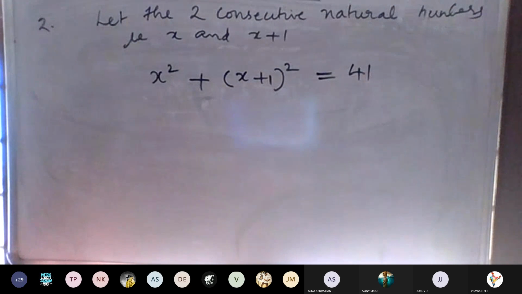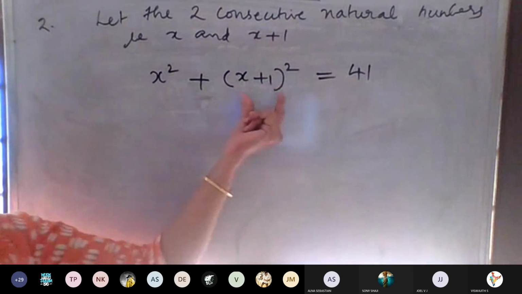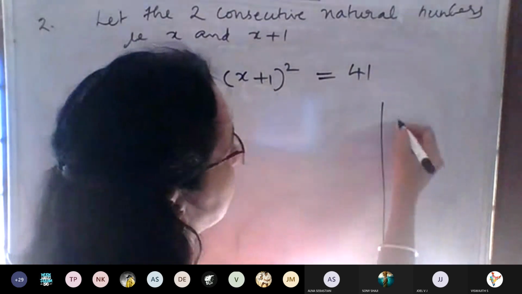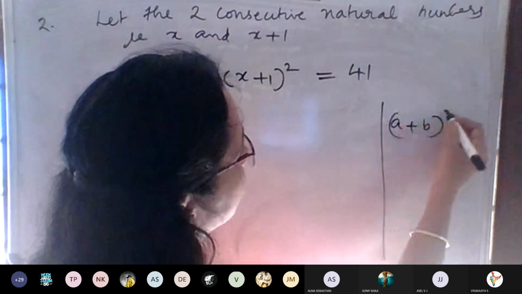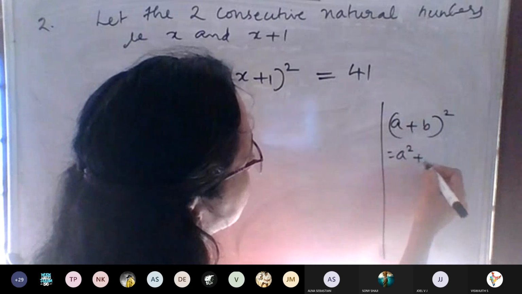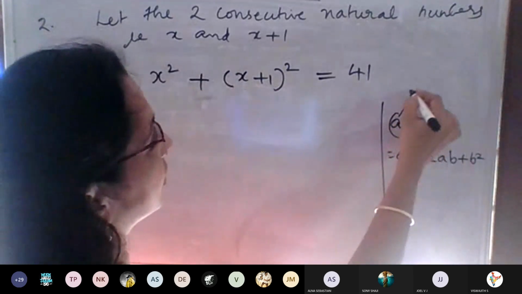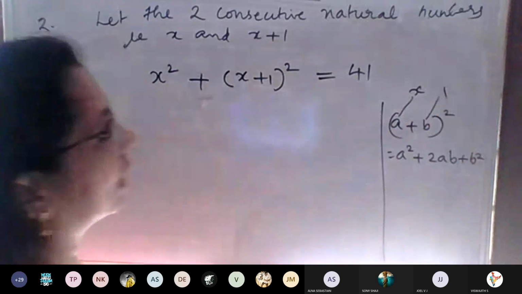Then we can form a quadratic equation. How can we form it? This is in the form of a plus b whole square, which is equal to a square plus 2ab plus b square. Here a stands for x and b for 1.